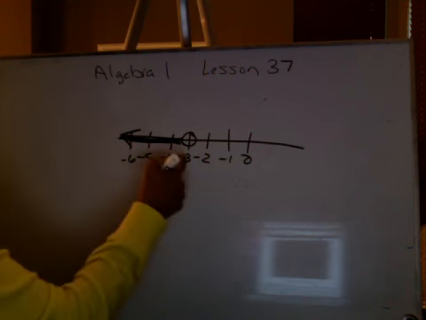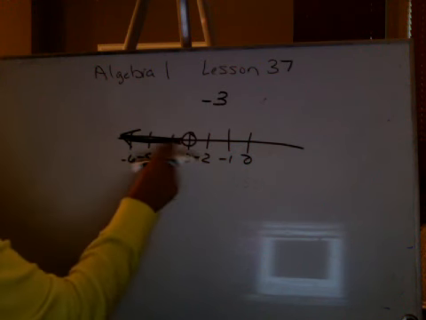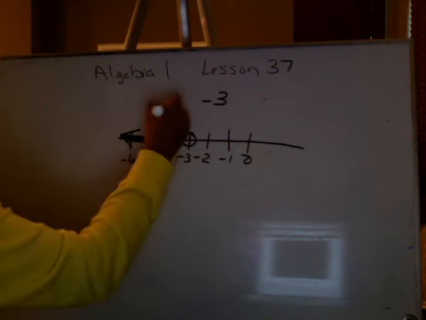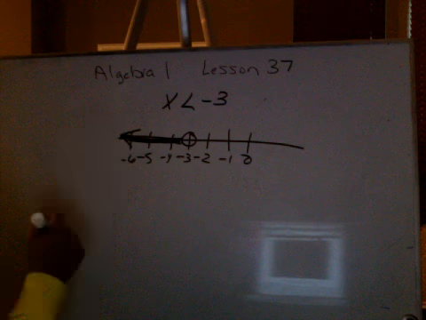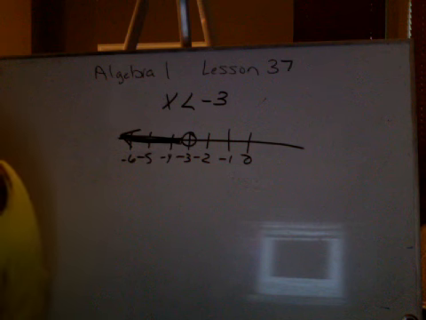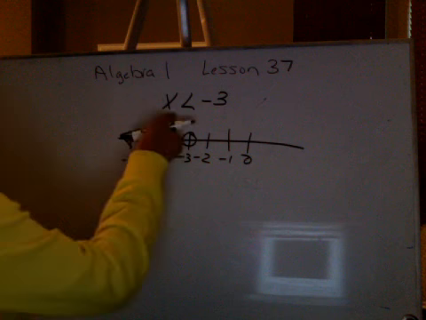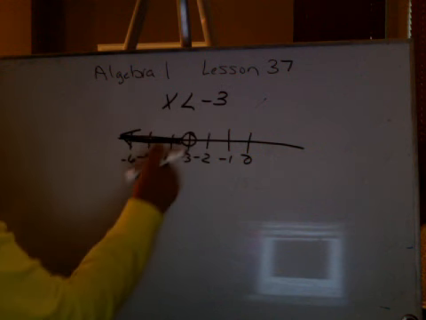Well, we know it's going to have to do with negative 3, and x is going to be to the left, so x is going to be less than negative 3. Because it's an open circle, it does not include negative 3. Alright, so now do your practice problems. There is no code again for this lesson. And basically, we just have to remember, if x is to the left, we're saying x is less than.